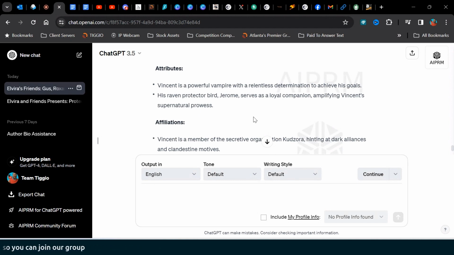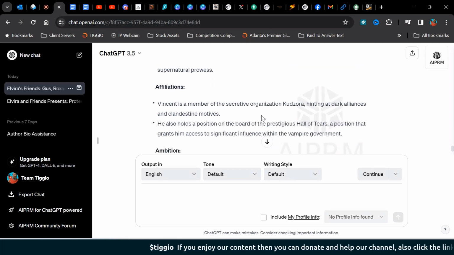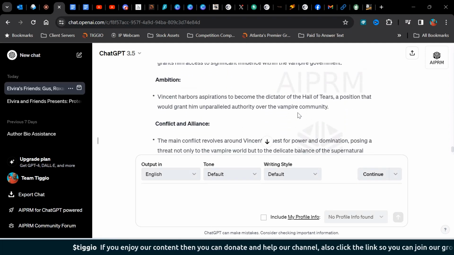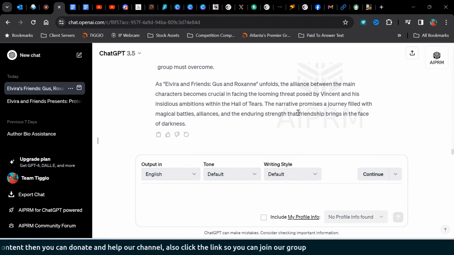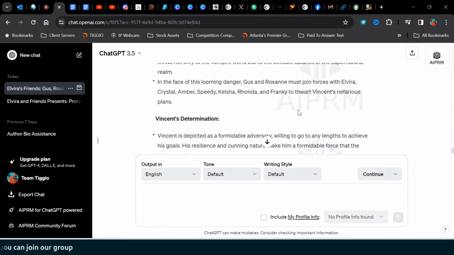All right. Vincent is a powerful vampire with the relentless determination to achieving his goal. His raven protector bird, Jerome, serves as a loyal companion. Well, it's kind of redundant. And then you look at his affiliations, his ambitions, and his terminations and stuff like that. So now you see that the story is morphing.